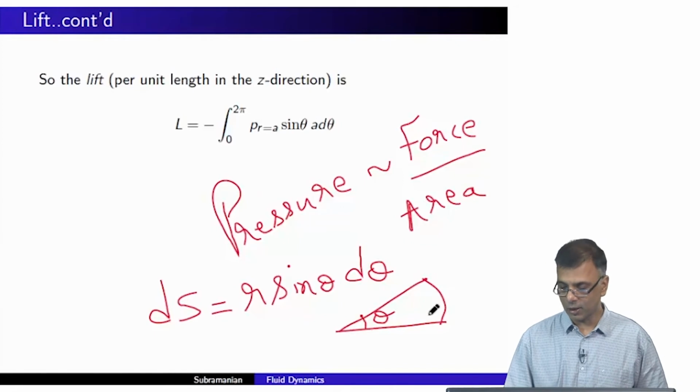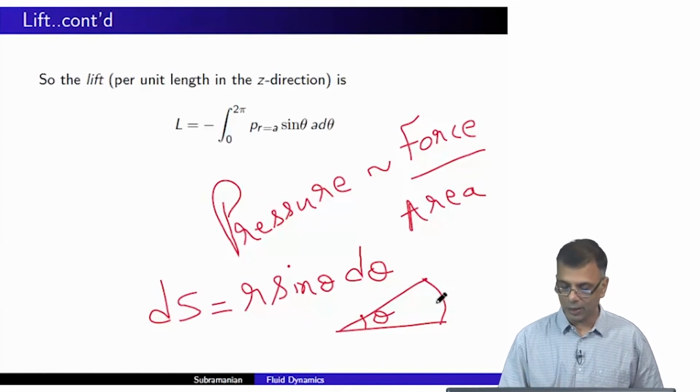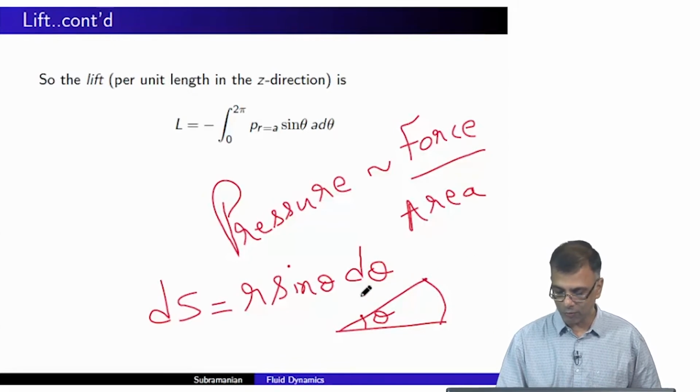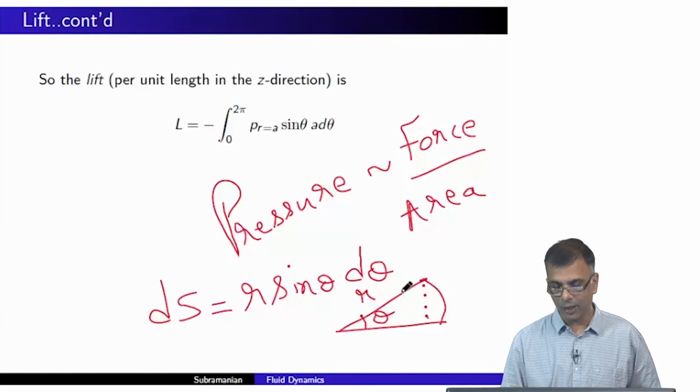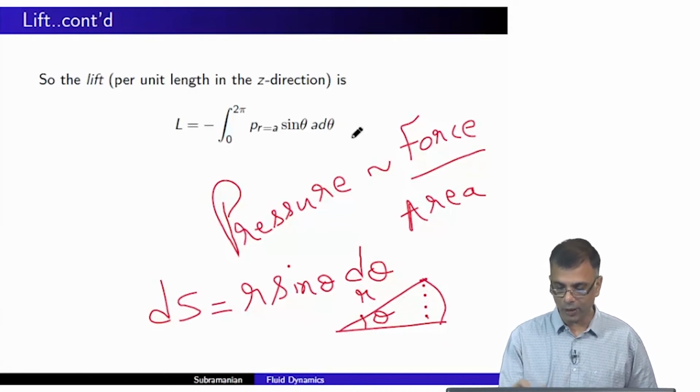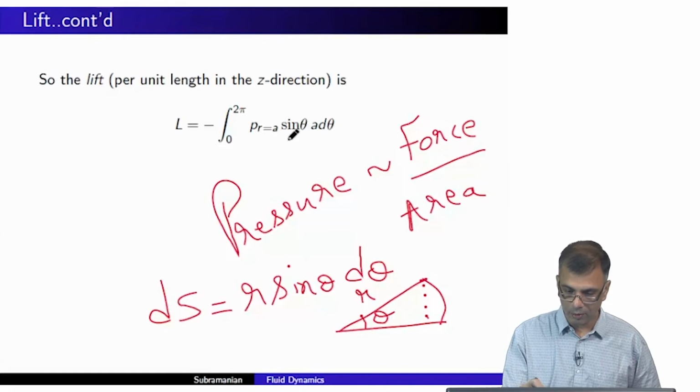It's really the length L times r, but the L can be approximated as, if this is r, L can be approximated as r sine theta. So it's really r sine theta d theta. Okay, and that's what we have written down here.